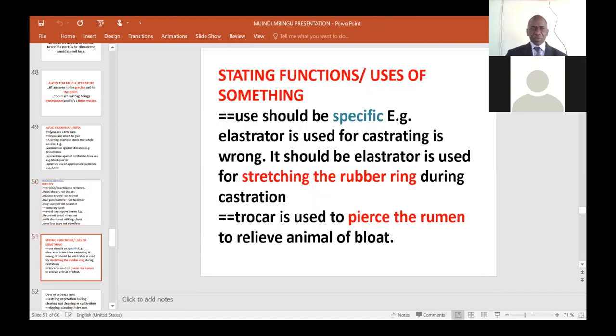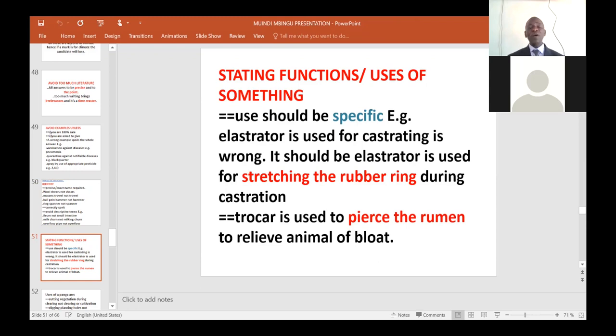Now, where a question requires you to state the function or use of a tool or an implement, again, be specific. Now, an elastrator, for example, is used during castration. Do not say it is used for castration, because there is yet another device that is also used during castration.